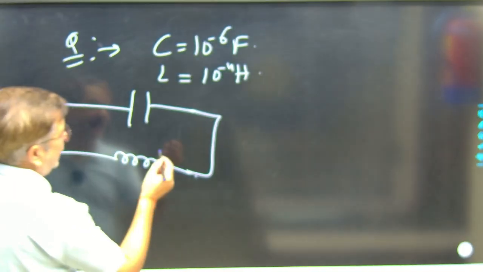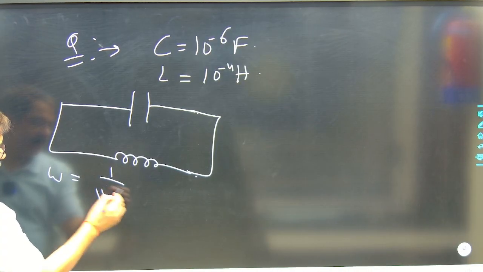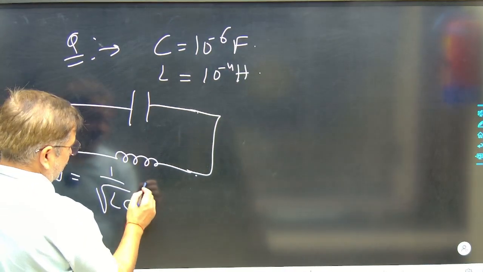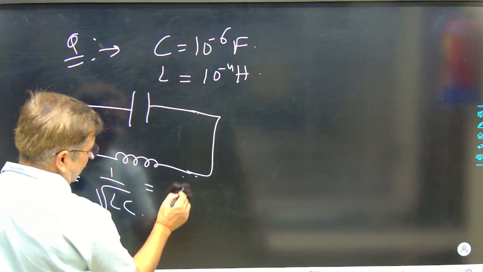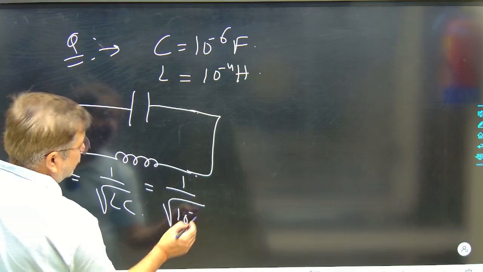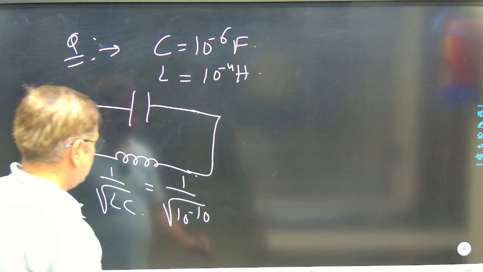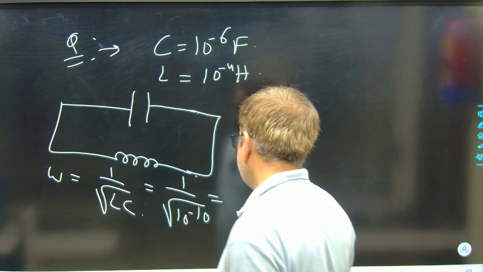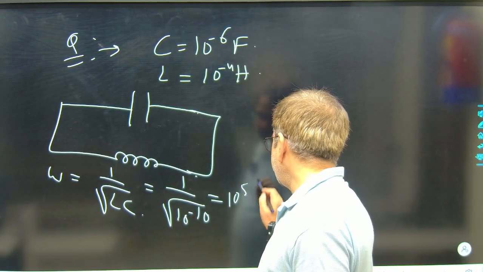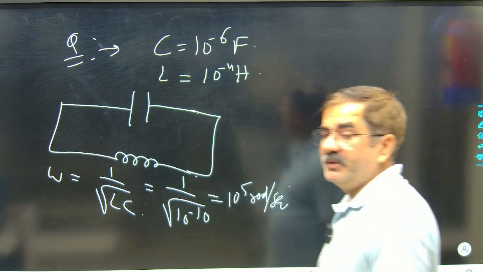If I have these values, what is omega? Omega is 1 upon under root of LC. Further, the result will be 1 upon under root of 10 to the power minus 10. So the value of omega from here will be 10 to the power 5 radian per second.